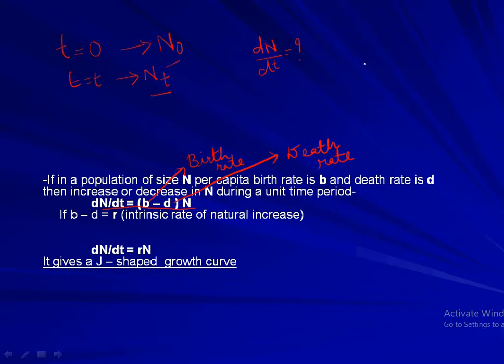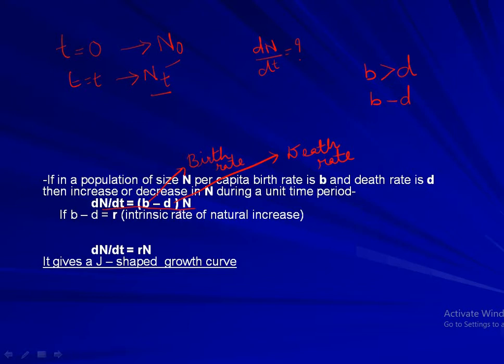So we can say that b is greater than d. So b minus d, that is the net increase in the number of individuals, into N.